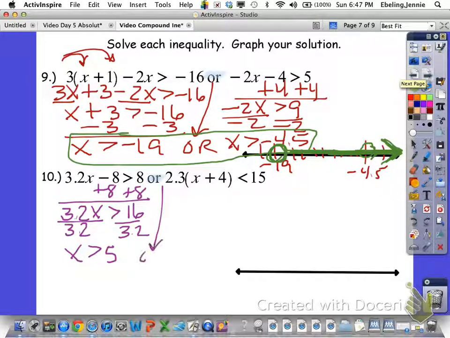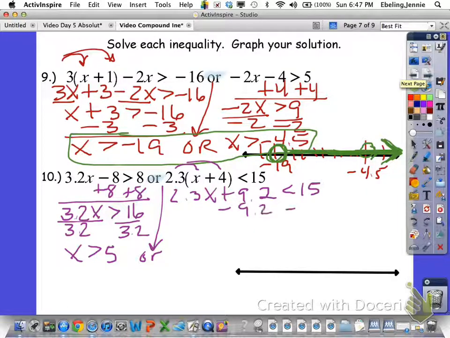I'm going to bring the or down, and 2.3x plus, because I have to distribute this, 2.3 times 4 is 9.2, is less than 15.